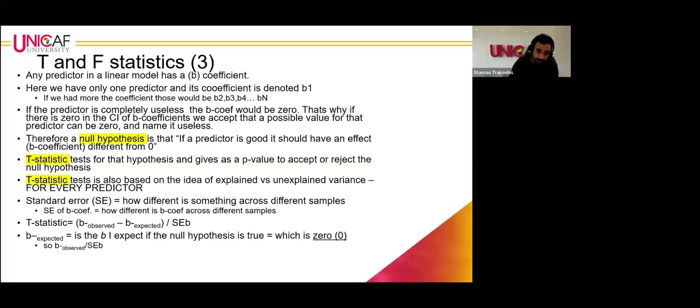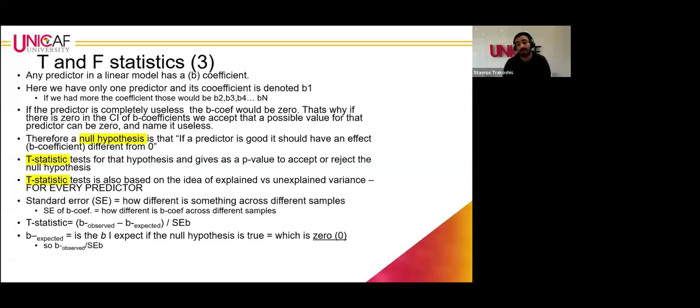Therefore, the null hypothesis that the t-test is examining is that if a predictor is good, it should have an effect different from 0. A t-statistic tests that hypothesis and gives us a p-value to accept or reject the null hypothesis. And the t-statistic is also based on the idea of explained versus unexplained variance for every predictor.